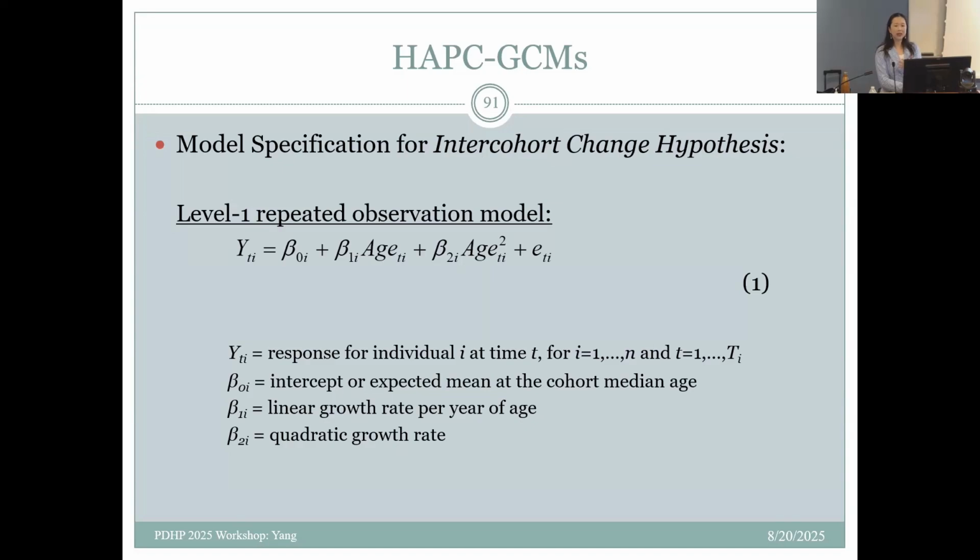So we have quadratic age trajectories in this example, where beta 0i is the intercept at the zero value of all predictors. In this case, if we center age, it will be the intercept, or expected mean at the center, which is the cohort median age. We'll talk about that in the next minute. Then beta 1 and beta 2 are the growth rate parameters, linear and quadratic growth rate.